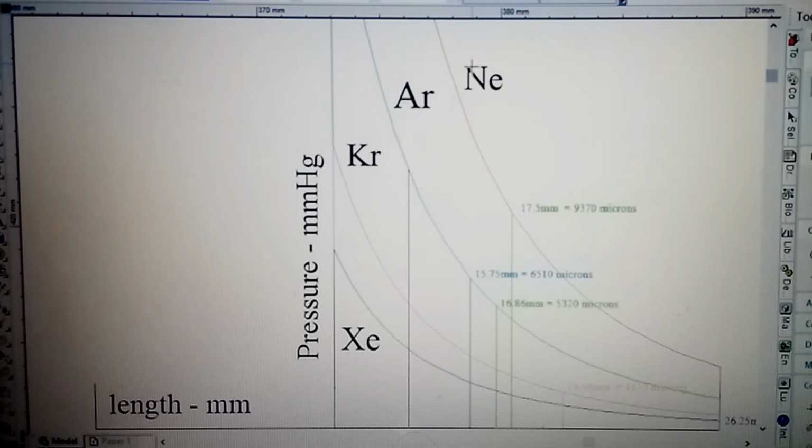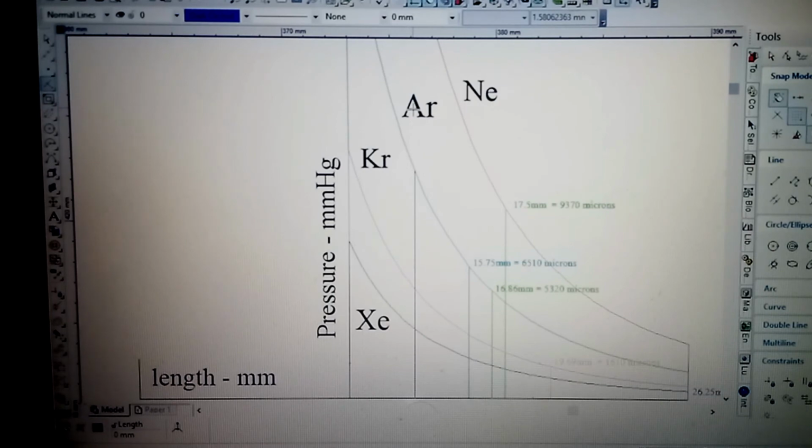In this calculator, the different lines represent the different inert gases that the pyramid uses, or that can be used in the pyramids, mostly focusing on argon though. This calculator quite simply converts length to pressure. The way it does that is through the specific curvature of these lines, which represent the R specific of each inert gas.